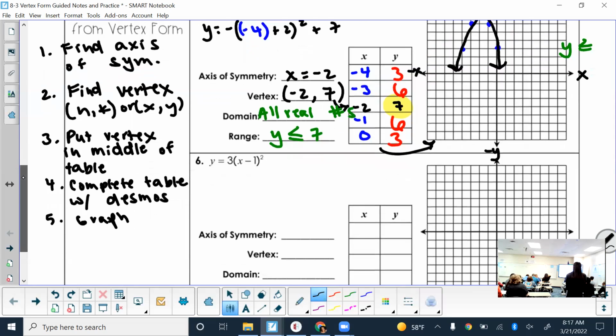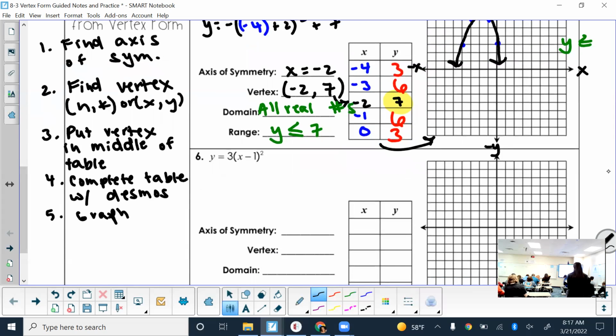All right, I'm going to give you number 6 to try, but let's just make sure we identify our H and our K correctly. So what will be our H for number 6? A positive 1 is correct. What will be the K? Zero is correct.